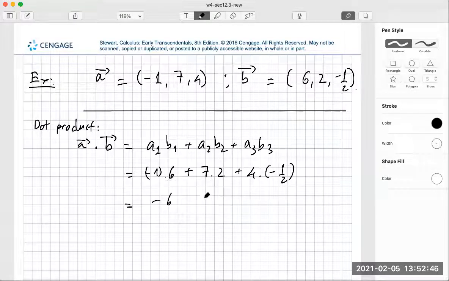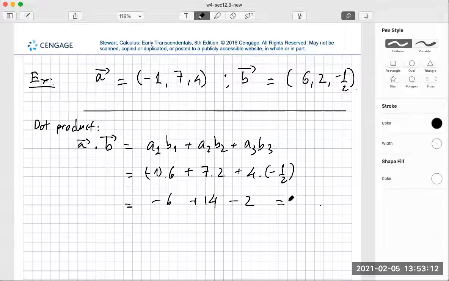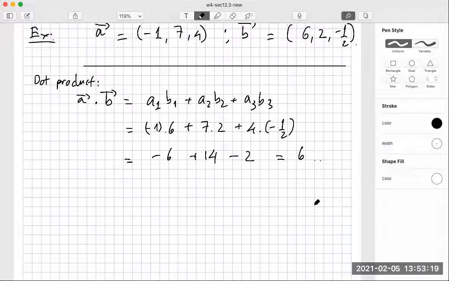It will be -6, right? 14 and -2, very good. So it will be 14 minus 8, which is 6. Simple things.